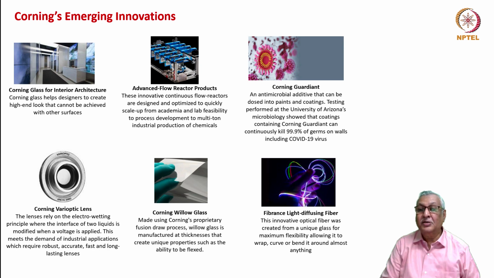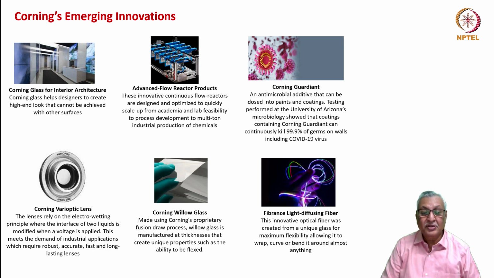Corning Guardiant is an antimicrobial additive that can be dosed into paints and coatings, and these coatings continuously kill 99.9% of germs on walls, including the COVID-19 virus. Corning Varioptic lens. These lenses rely on the electrowetting principle, where the interface of two liquids is modified when a voltage is applied. This meets a number of industrial applications, particularly related to lenses.